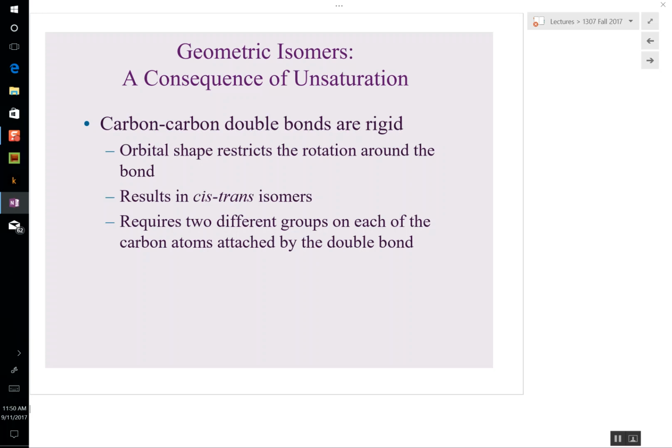These aren't simple sigma bonds where these atoms are sharing 2 electrons and they don't care what's going on out here. These atoms are sharing 4 electrons, and the electrons are being shared up above and below the atom, and they just are set in that position. So there is not free rotation around a double bond.